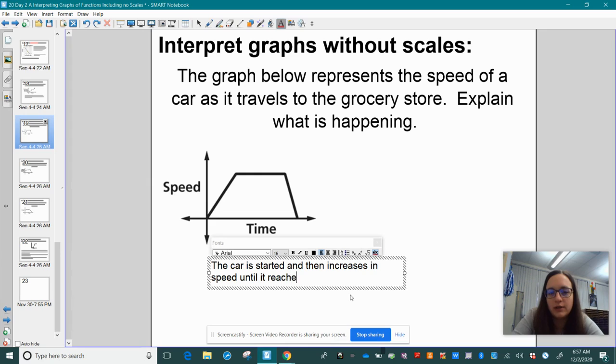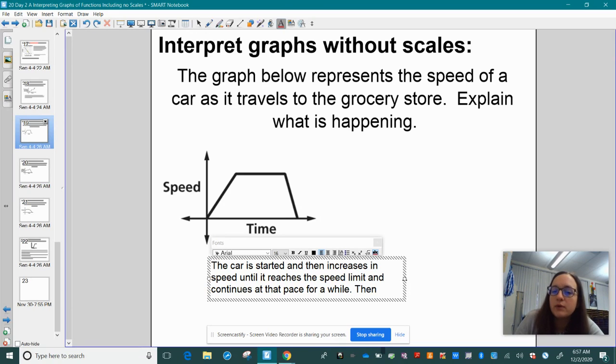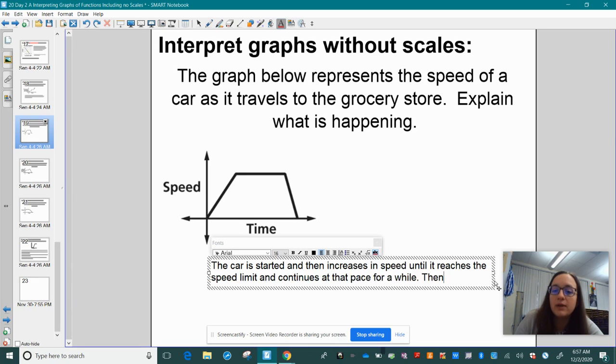It reaches speed limit and continues at that pace for a while. Then, right, so you could break it up into a few sentences. That might be better with these. Then notice what happens. It drastically decreases in speed.